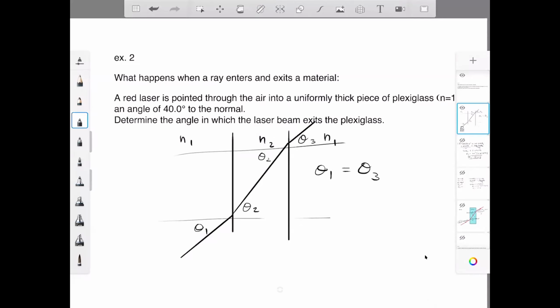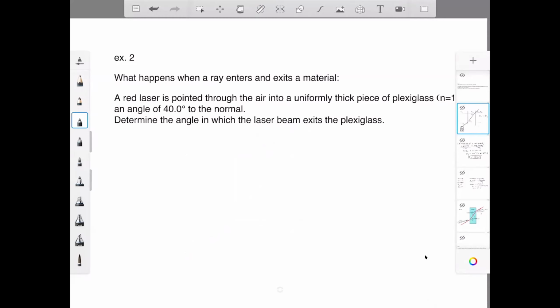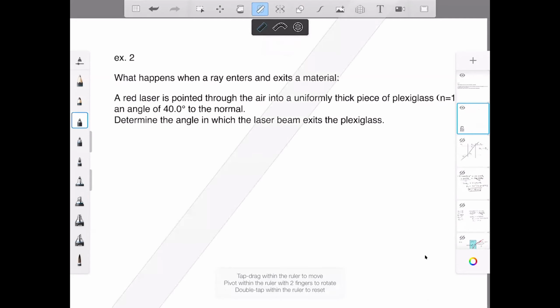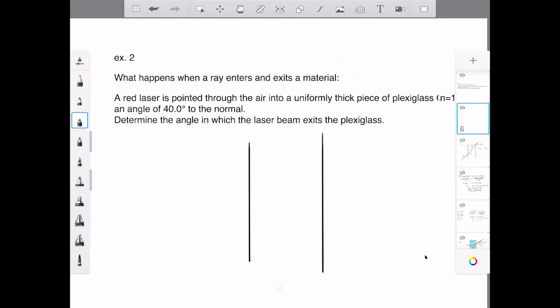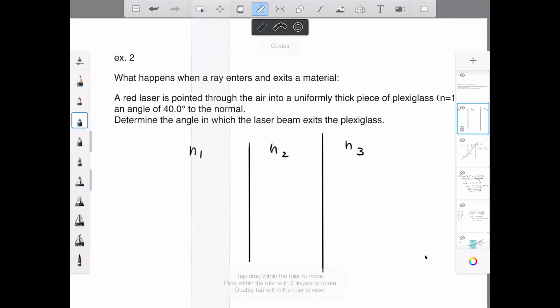And let me make one more statement. Let's say we have 3 different materials. N1, N2, and N3. This is going to be a little bit different. Here's your incident light ray.